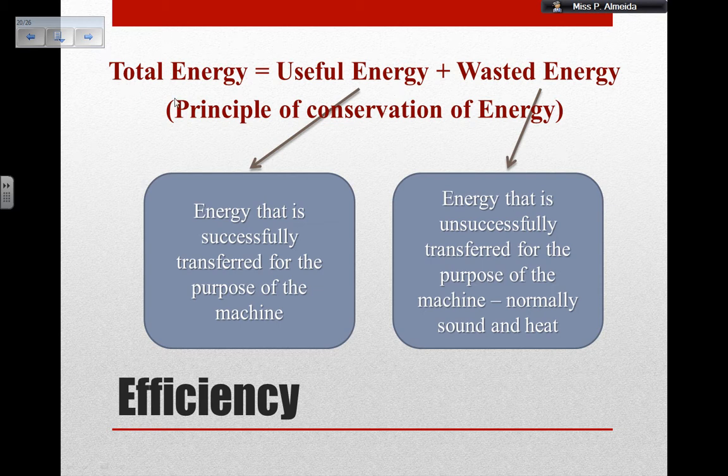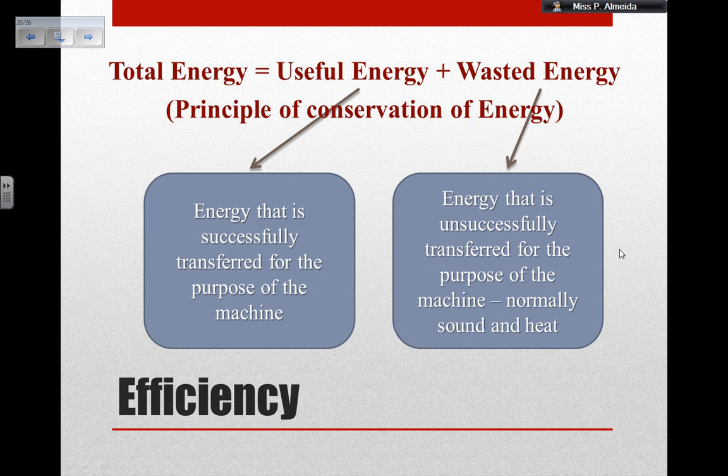So my total energy will be my useful energy, which is the energy that is transferred for the purpose that I want, so in the way that I want for the machine, plus the wasted energy, which is energy that is transferred anyway, but it doesn't go to the form that I want. So it is unsuccessfully transferred for the purpose of the machine.